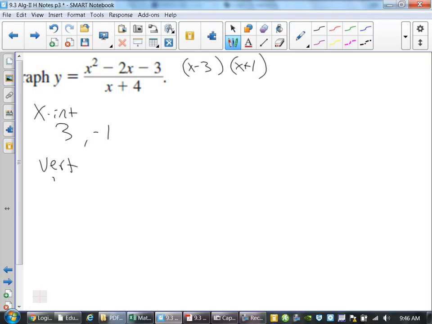And then last but not least, do we have a horizontal asymptote? No. No horizontal asymptote.